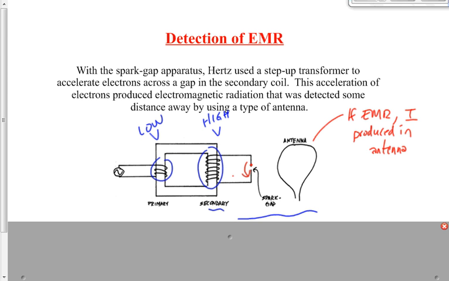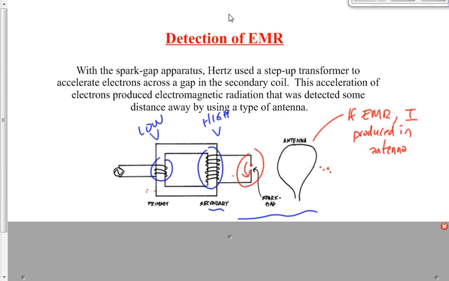So basically what Hertz is saying is this. If Maxwell's correct in saying that accelerating charges generate EMR, and if Maxwell's correct that EMR consists of changing magnetic and electric fields, then when I flip on this switch right over here and get this whole thing fired up, the charged particles that jump across this gap should cause an electric current in the antenna.